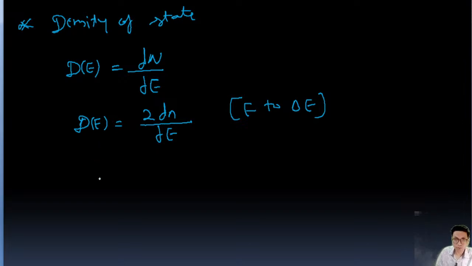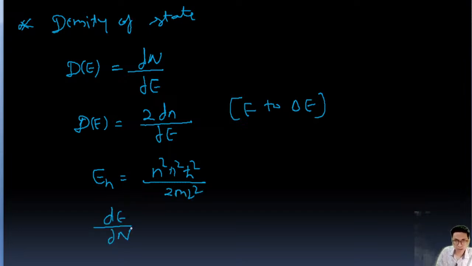So now we'll find this one. We have En equal to n²π²ħ² upon 2mL², right? From here we can find dE upon dn. This is going to be nπ²ħ² upon mL², since the 2 cancels.